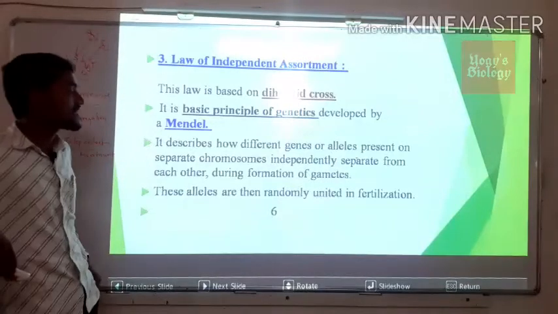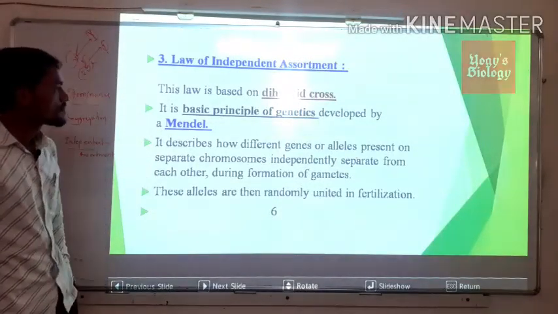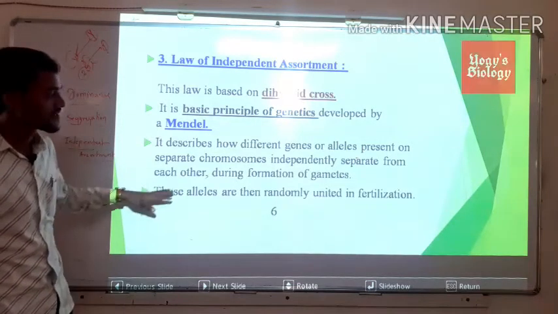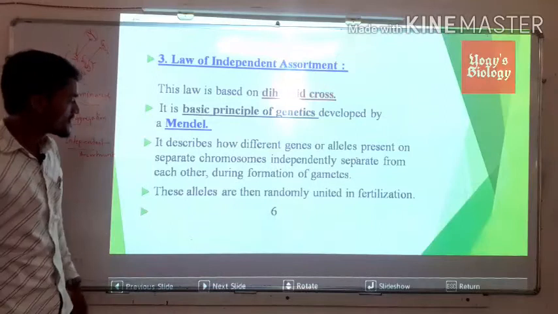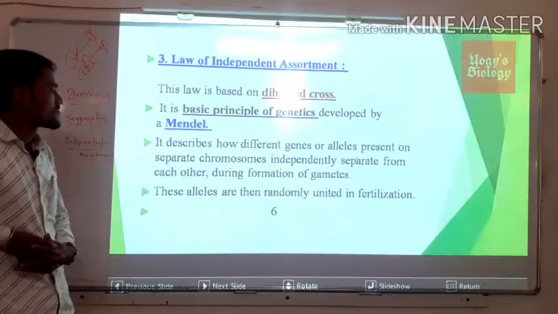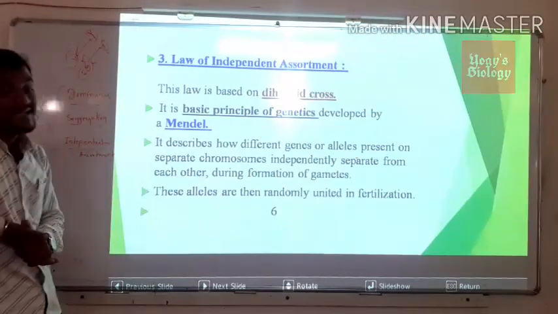It describes how different genes or alleles present on separate chromosomes independently separate from each other during the formation of gametes. These alleles are then randomly united in fertilization.